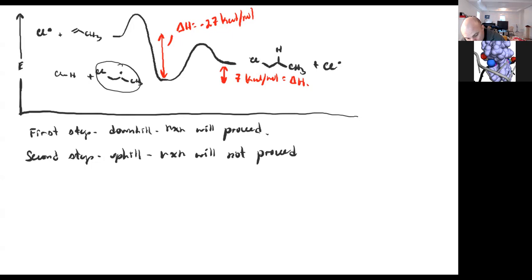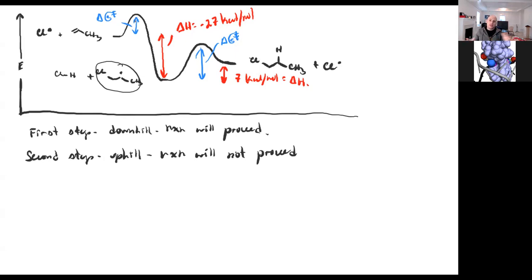And so the energy of the transition state is given by delta G double dagger, okay? And it says to us how rapidly a reaction is going to progress to product, okay?